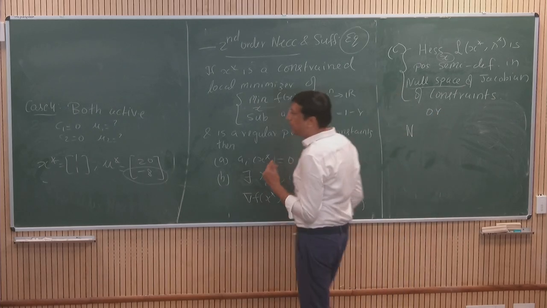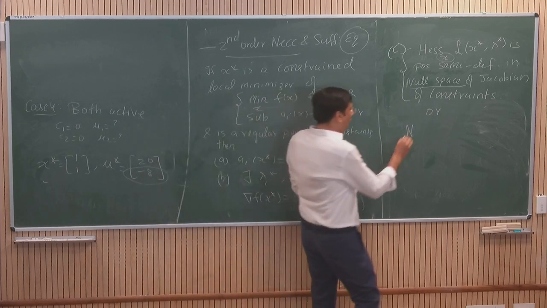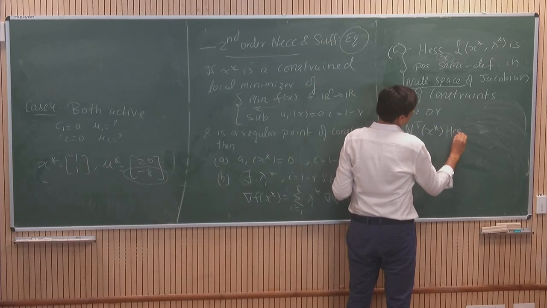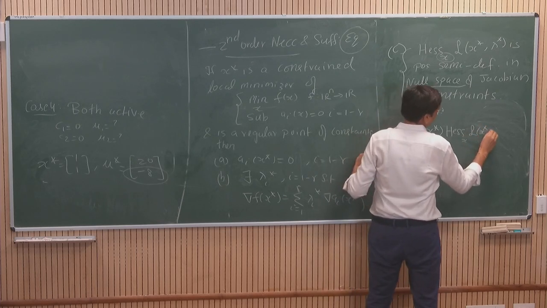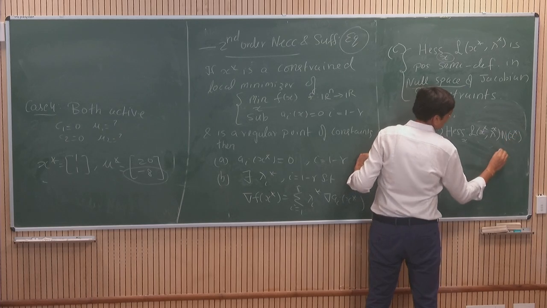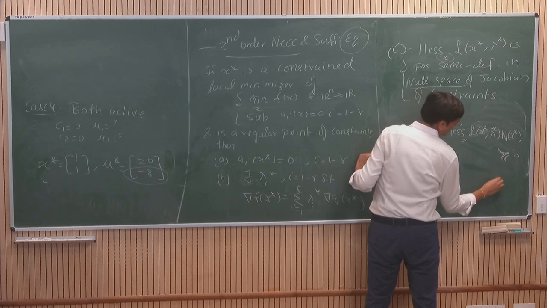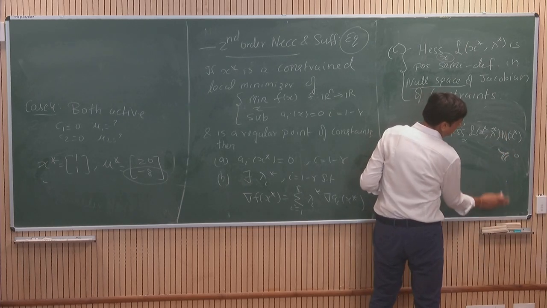Mathematically, you would write this as N transpose at x star, times the Hessian of the Lagrangian at x star, lambda star, times N at x star, is positive semi-definite. This is not a greater than sign, it is the sign which defines positive semi-definite, slightly curved.